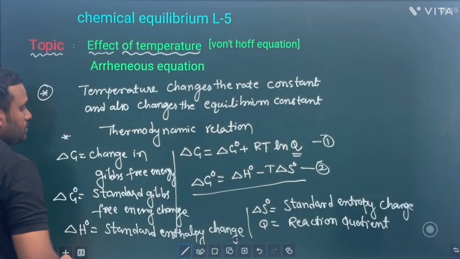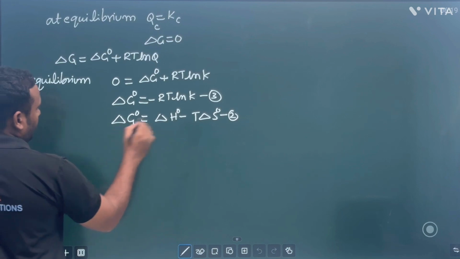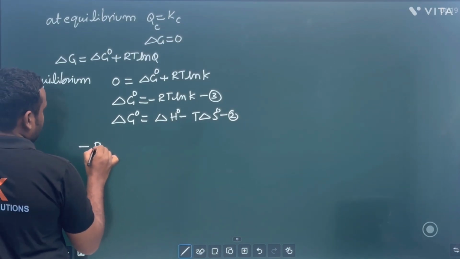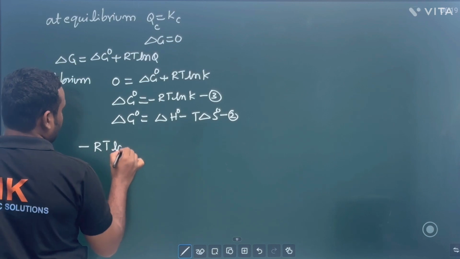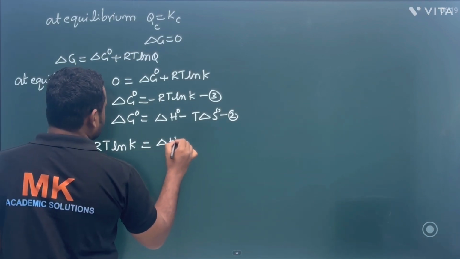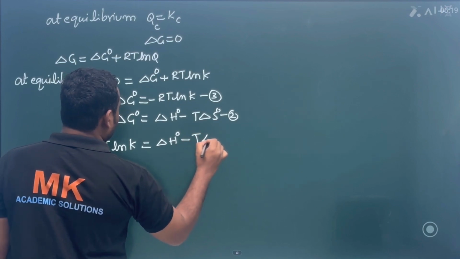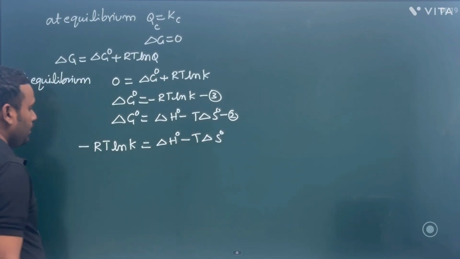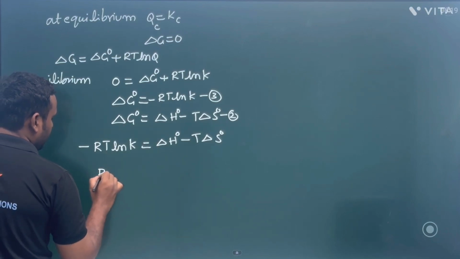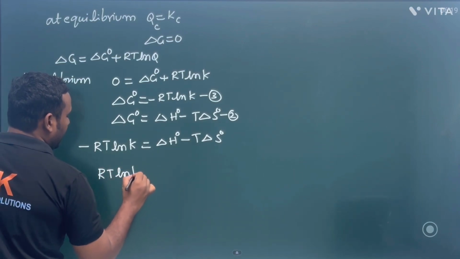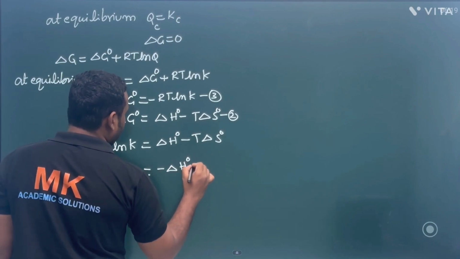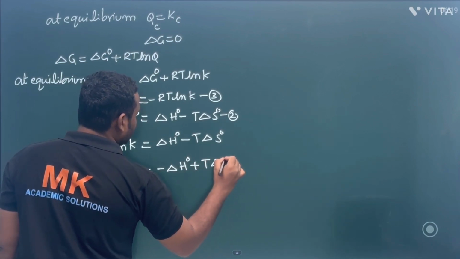Now when you compare these, LHS is equal, so RHS also will become equal. So minus RT ln K is equal to delta H naught minus T delta S naught. Or simply, RT ln K is equal to minus delta H naught plus T delta S naught.